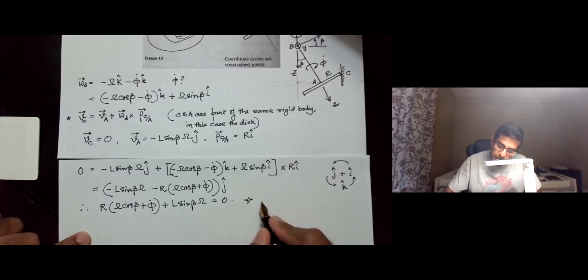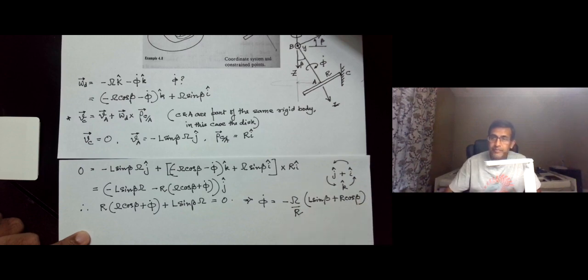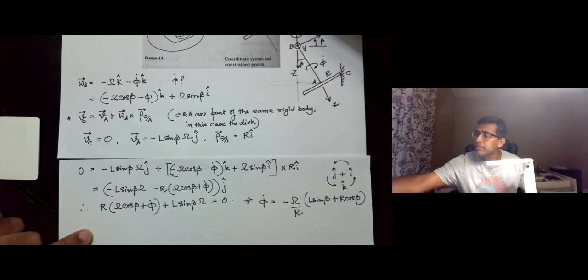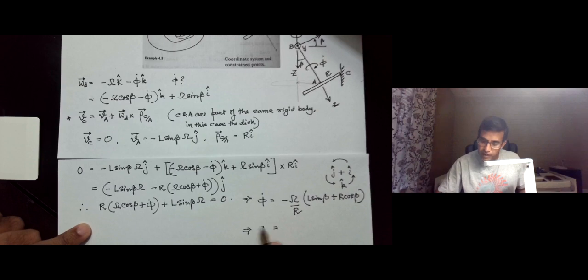So from here we see that phi dot is equal to negative omega times L sine beta plus r cosine beta, divided by capital R. Which gives us phi dot to be equal to minus omega times L over R sine beta plus cosine beta.